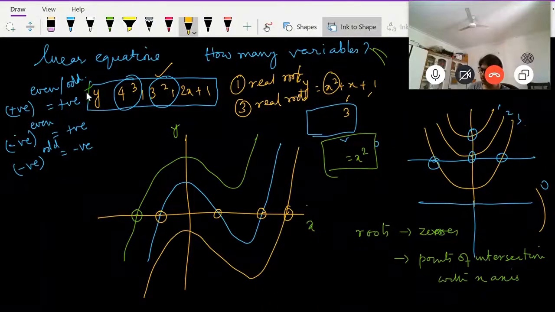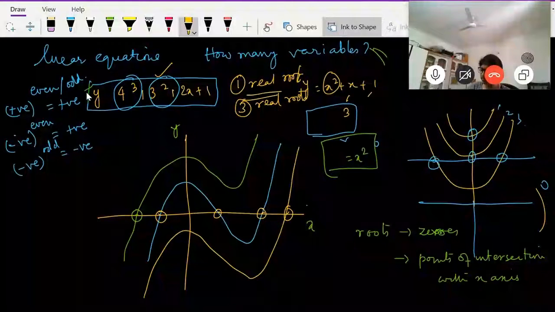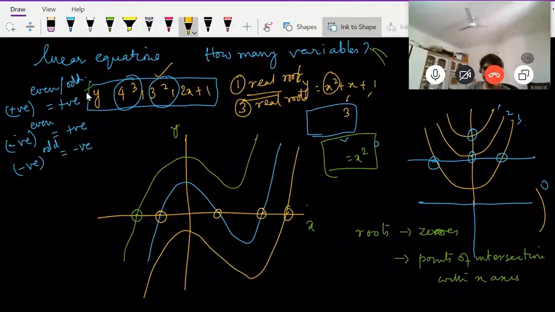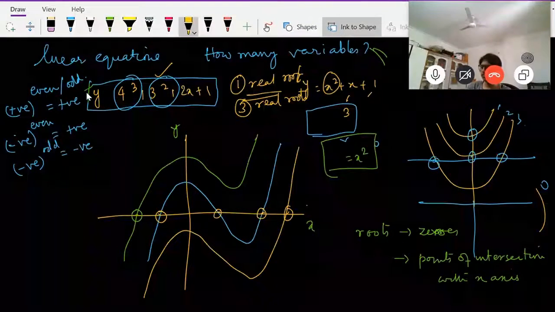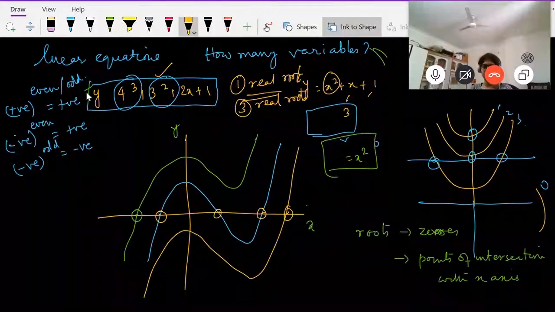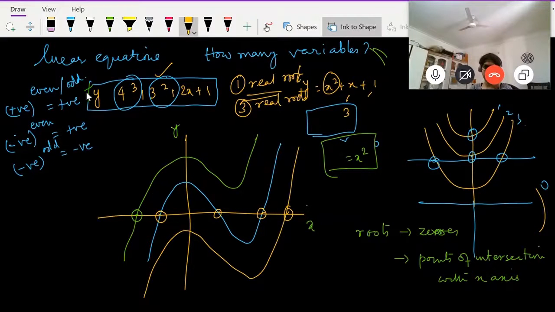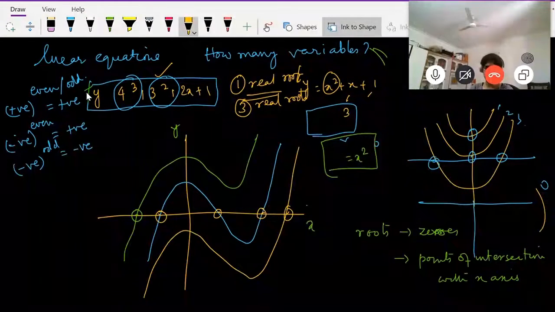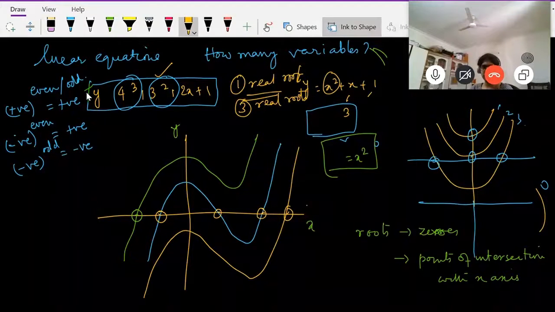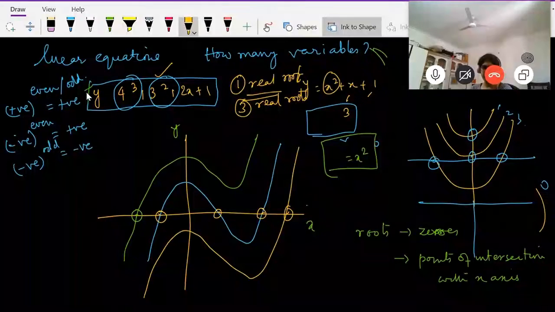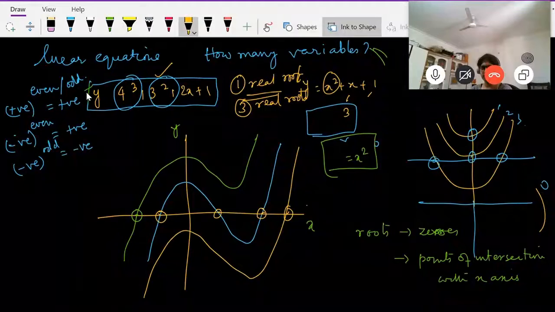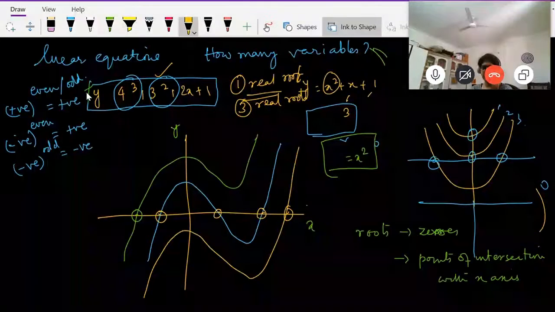But it will always have at least one real root. See, in all three cases, it is touching or intersecting the x-axis at least at one point. So if you are asked in the exam what is the minimum number of real roots that this equation will have, then the answer will be 1. And maximum would be 3, right? Maximum would be 3.